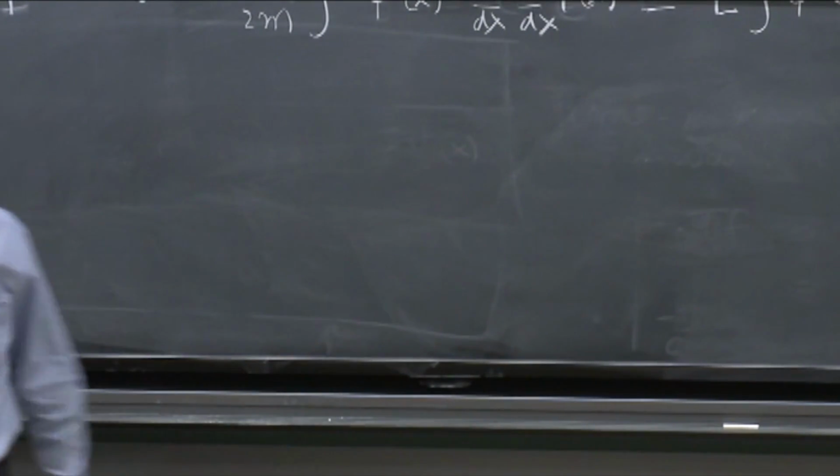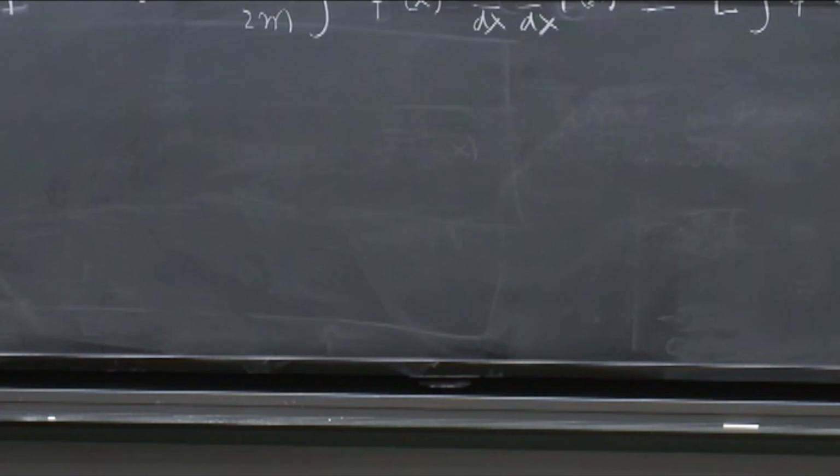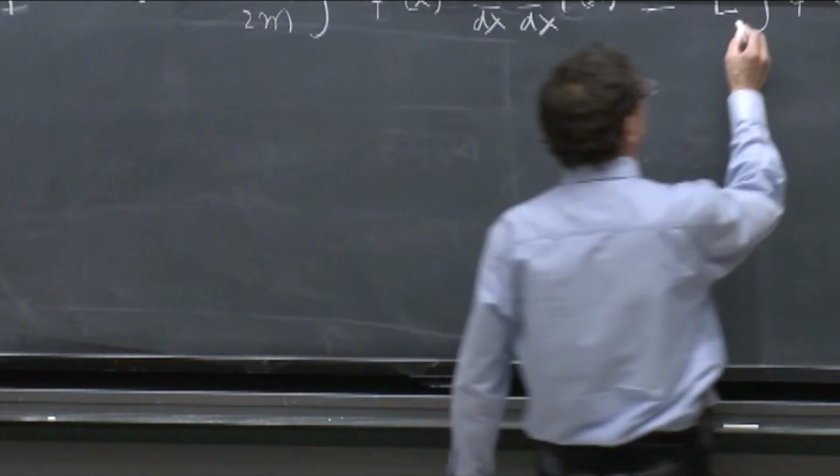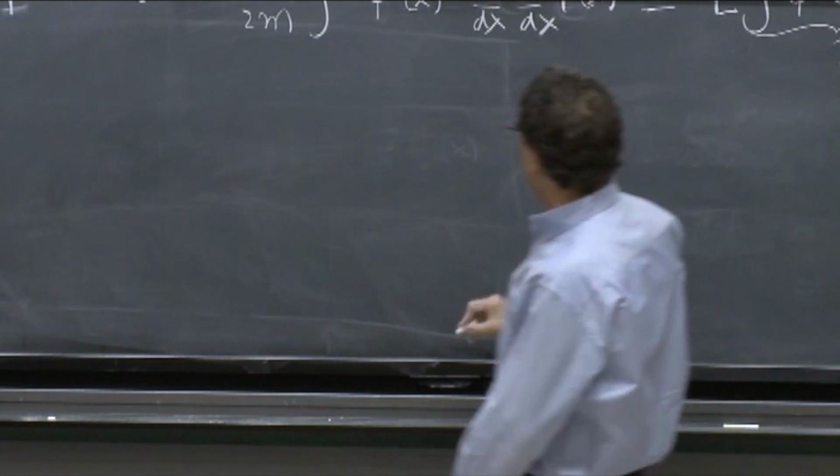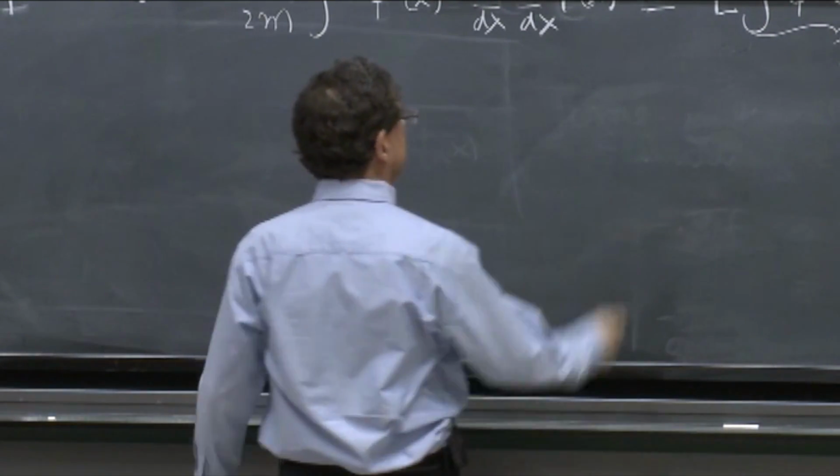And we will assume, of course, that you have things that are well normalized. So if this is well normalized, this is 1. So the energy is equal to this quantity.